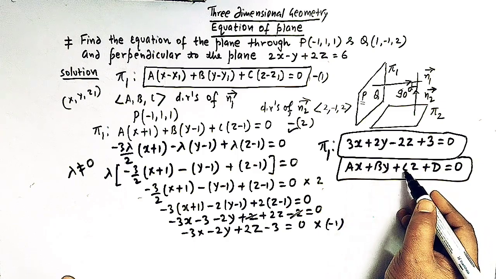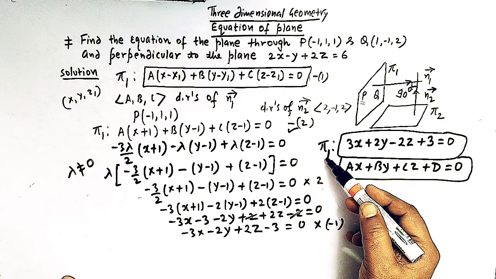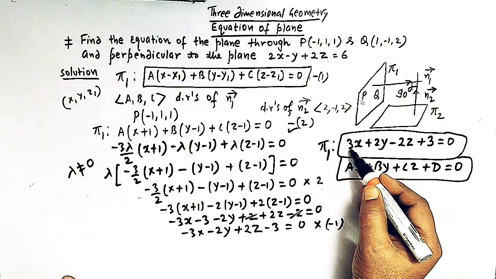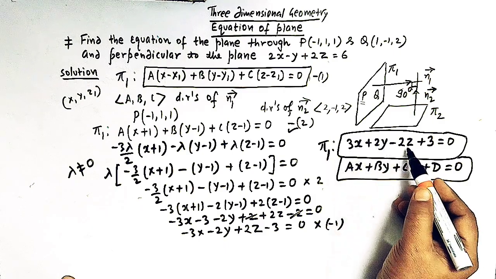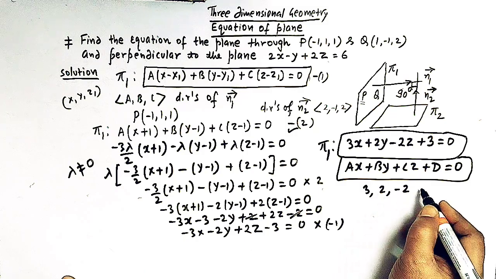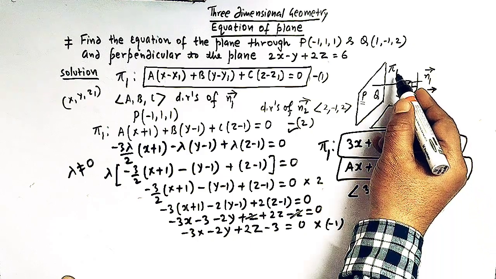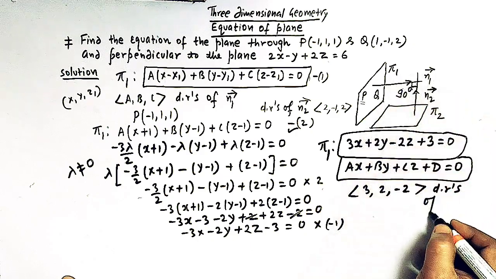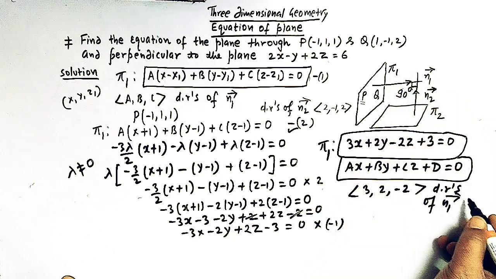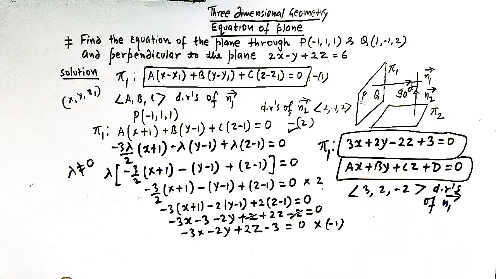And a, b, c gives us the direction ratios of the normal vector to the plane pi 1. So here the coefficients of x, y, and z are 3, and then we have 2 and minus 2. So the direction ratios of the normal vector n1 are given by 3 comma 2 comma minus 2.